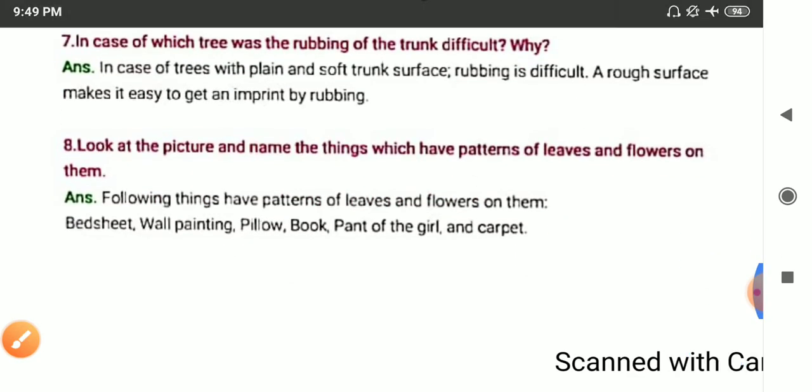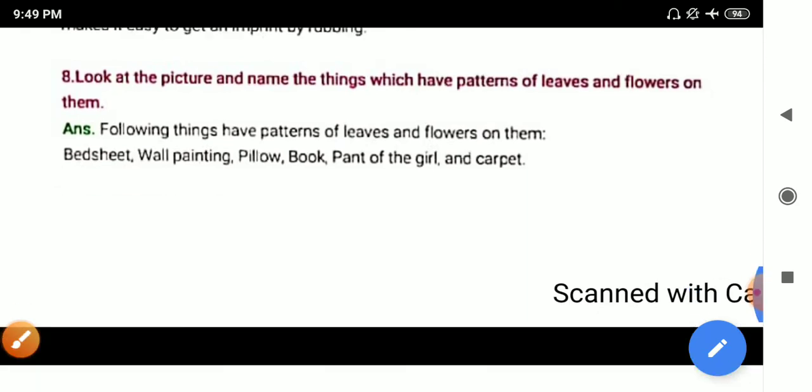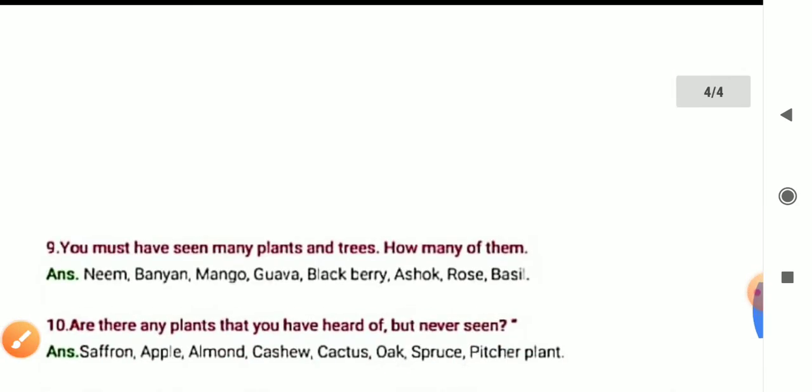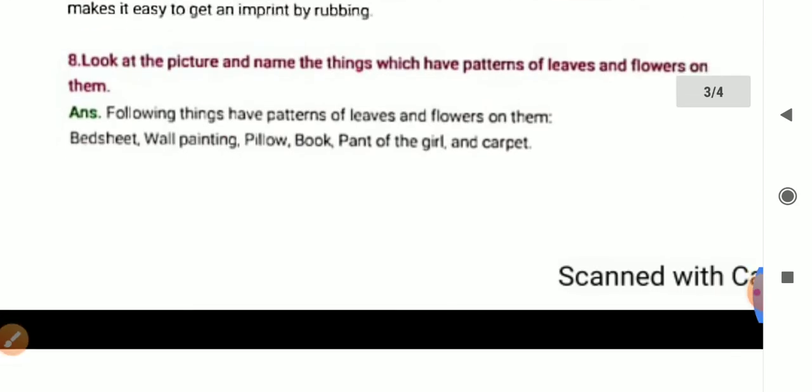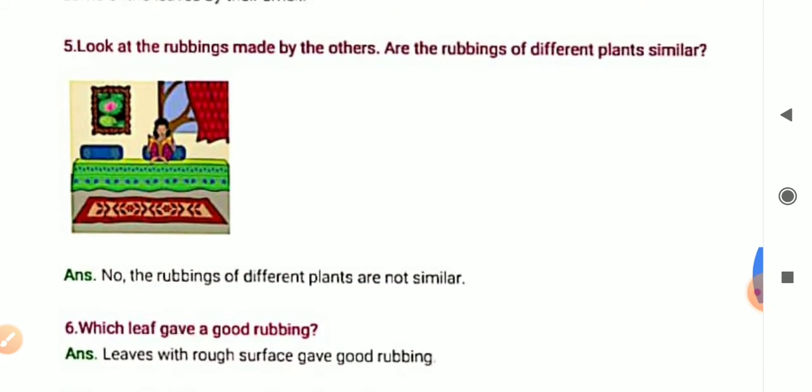Now the eighth one is, look at the picture and name the things which have patterns of the leaves and flowers on them. Okay, students. So we'll go to the picture and we'll name the things. Okay.